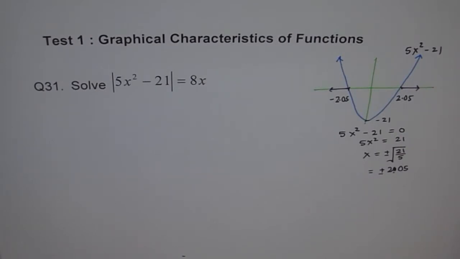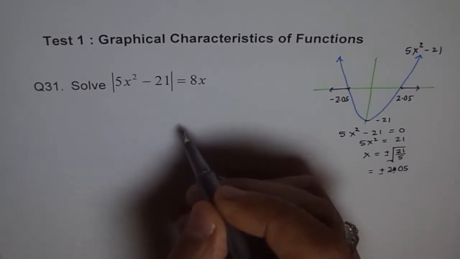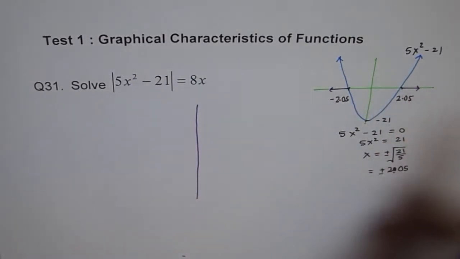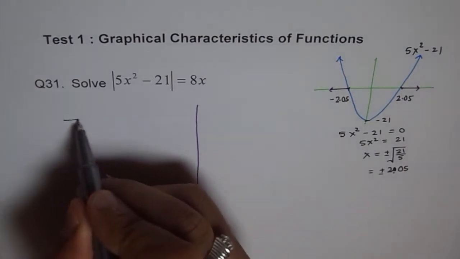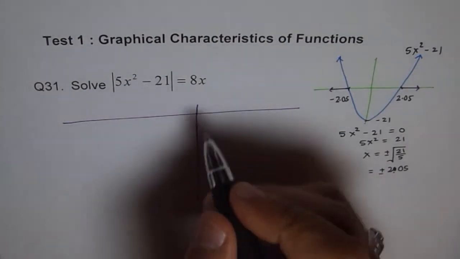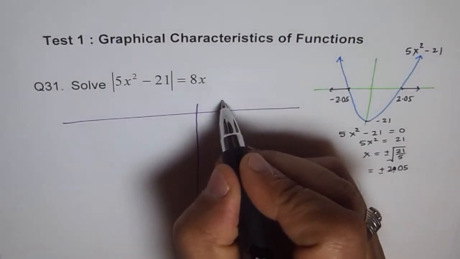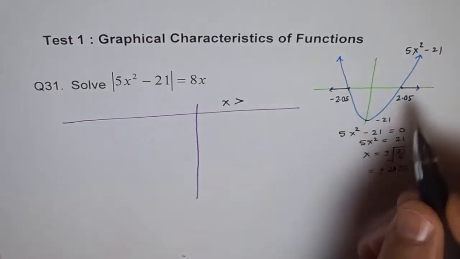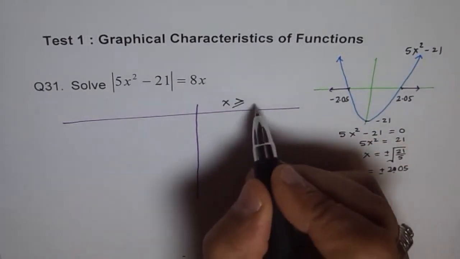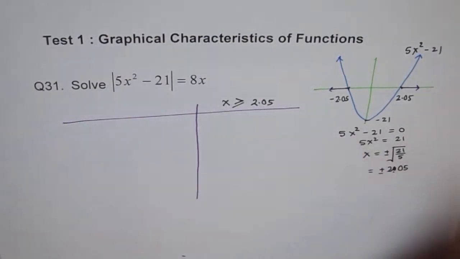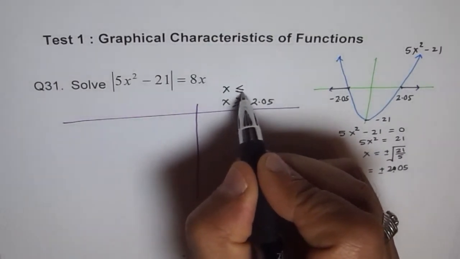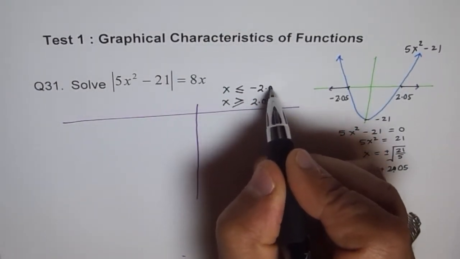So basically what I should do here is, I know this graph is divided into two pieces, correct? One part I am saying is if x is greater than or equal to 2.05, or even if x is less than or equal to minus 2.05.